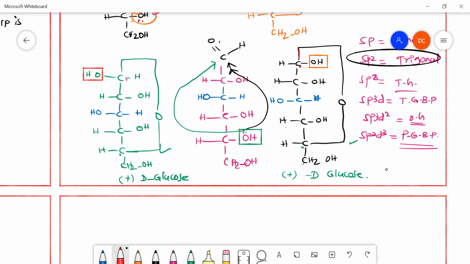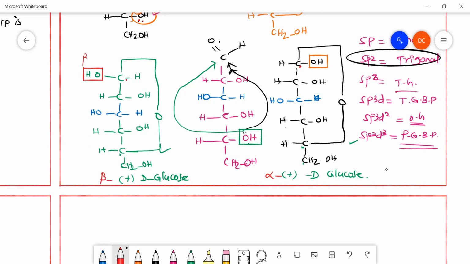If the OH group is on the right side, or you consider that it is within the ring structure, then it is called alpha D glucose. The alpha and beta will be given like this. And if the OH group is on the left side on the first carbon, then it is called beta D glucose.